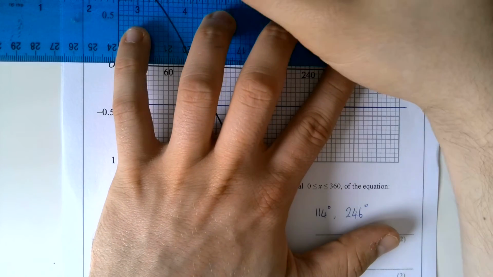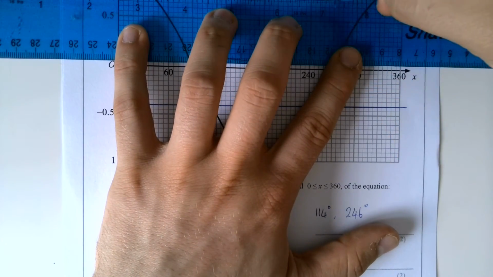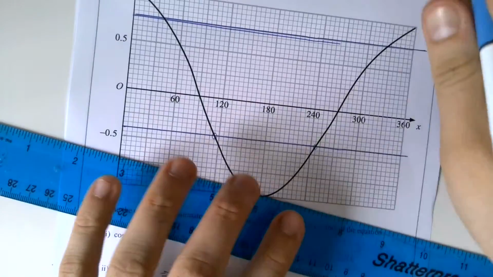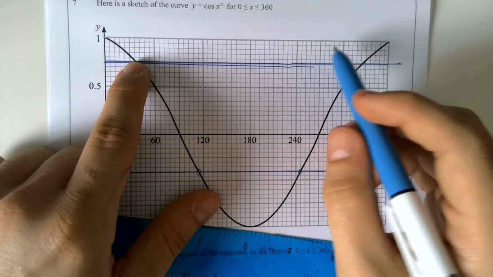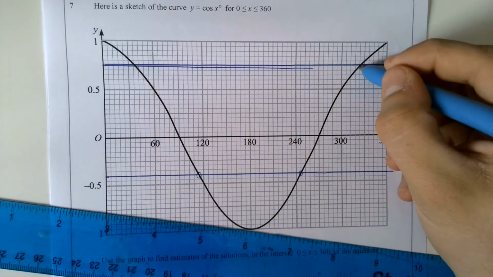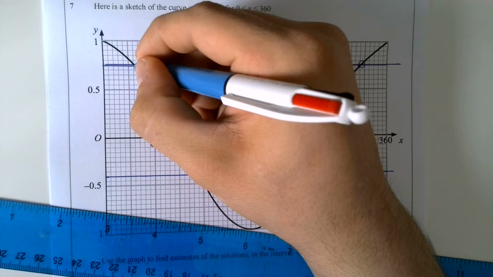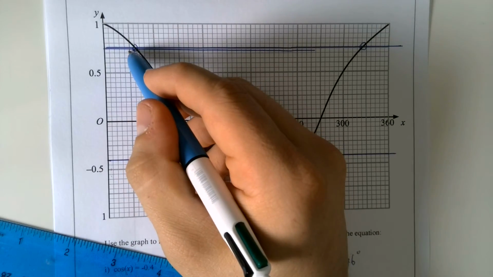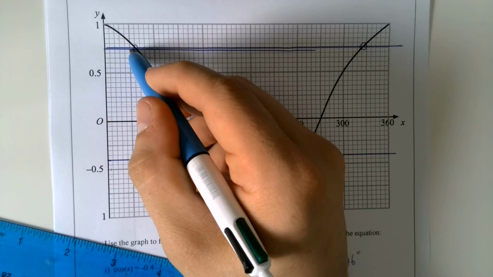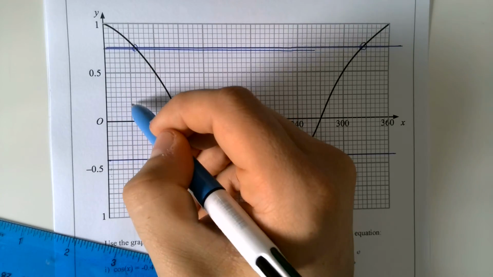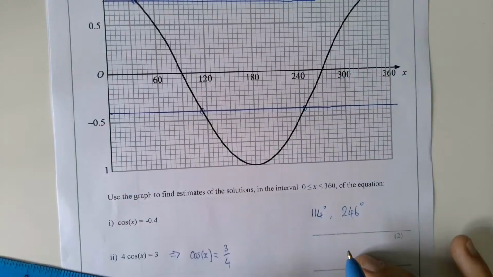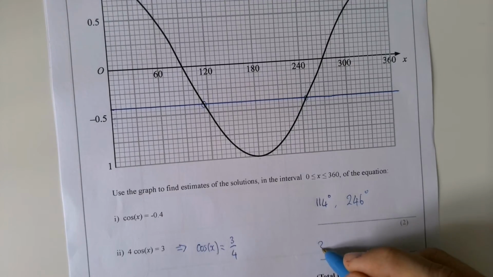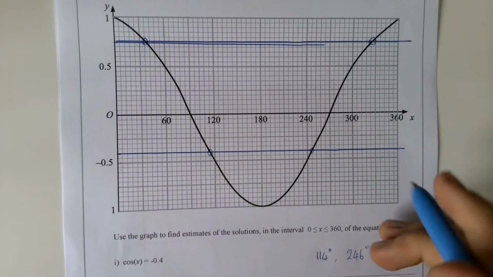And you can see again, oh, that's a terrible line, sorry. You can see, again, I've got 2 values. So I've got a value here, and I've got a value here. So that is about 1 little square on from 30, so that's going to be 6 degrees on from 30, or 36 degrees.